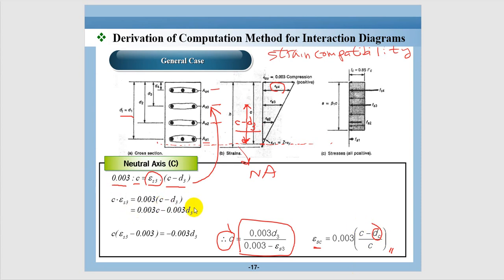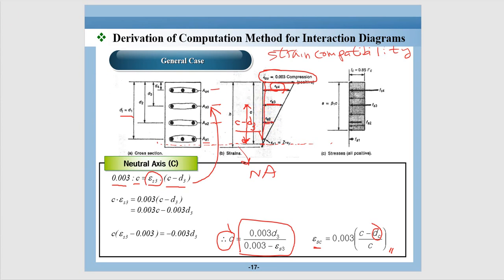Okay, anything else? It is straightforward, isn't it? This is possible because we know the 0.003. So this is fixed, and this is fixed, and then we can find out the compressive strains of the rebars at each layer, which is very straightforward.